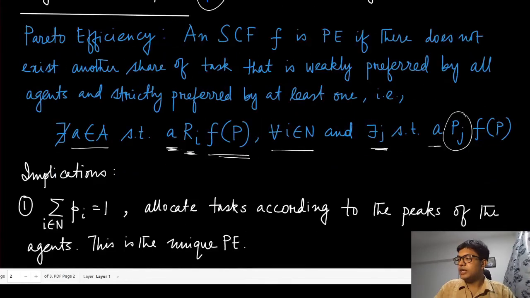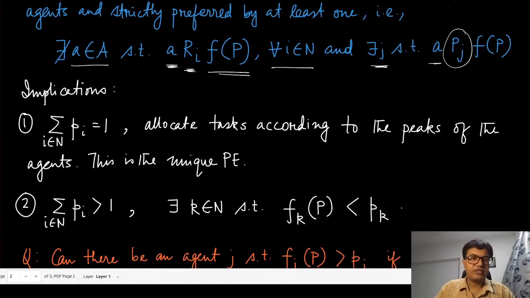So let us look at some of the implications of this task allocation domain. How can we actually make sure that this is Pareto efficient? What are the most natural things? The sum of the peaks. The peaks are arbitrary, and therefore we cannot say whether the sum of these peaks should be equal to 1.